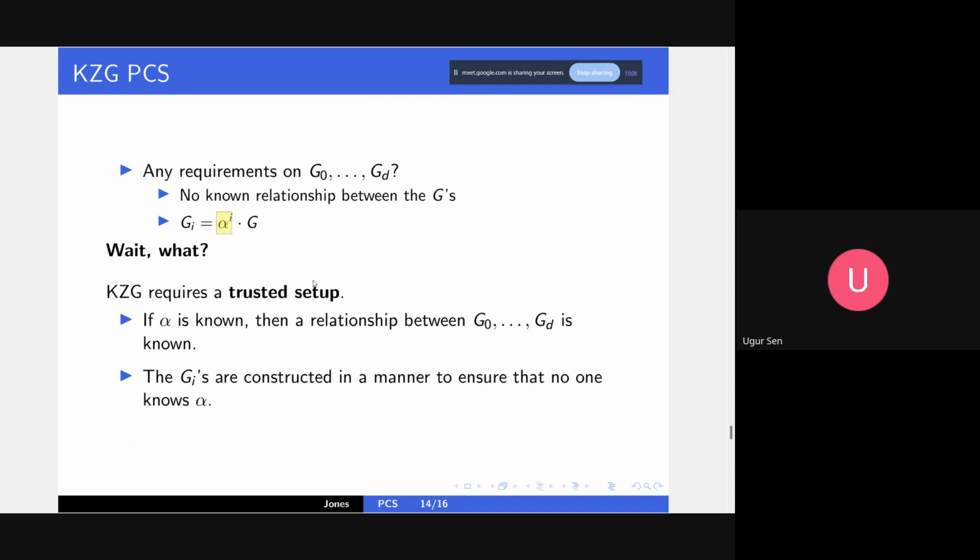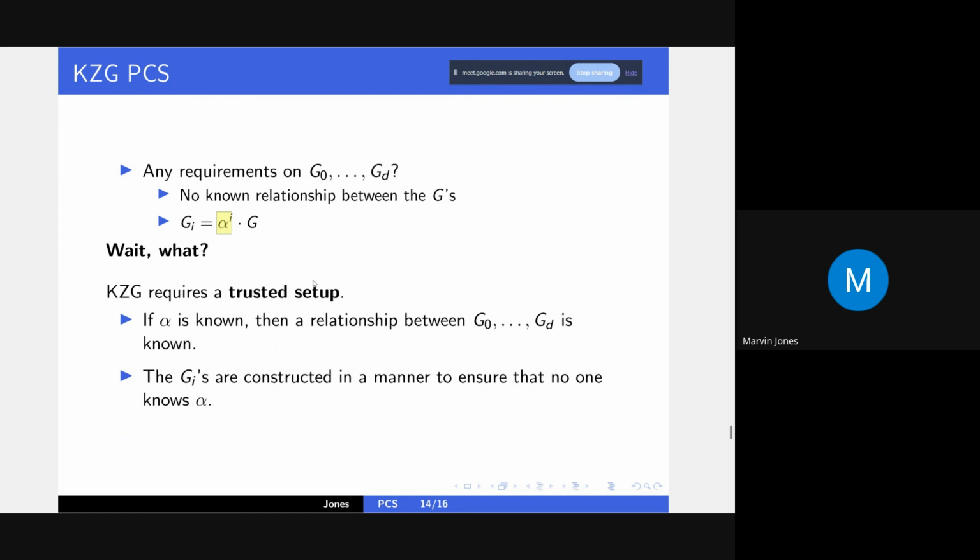By the way, KZG is not post-quantum secure, right? Because it depends on the discrete log problem. Absolutely, KZG is not. I thought about including slides on the Halo polynomial commitment scheme that's based on the product argument from Bulletproofs, but that would be harder to explain in this high-level view, and it's also not post-quantum secure.